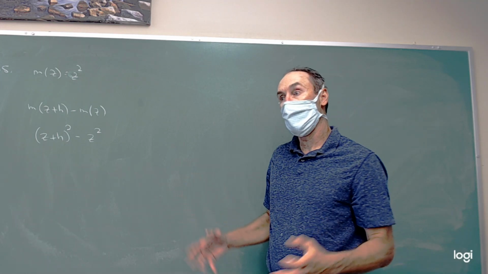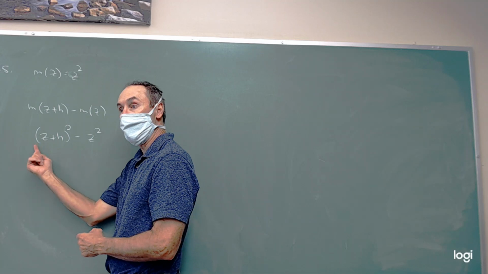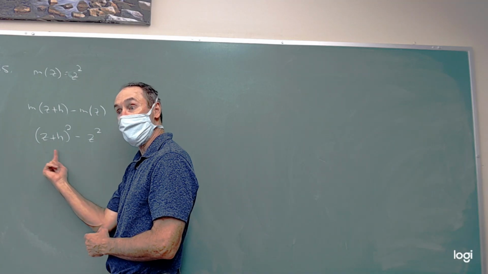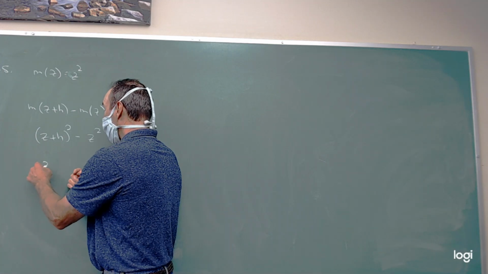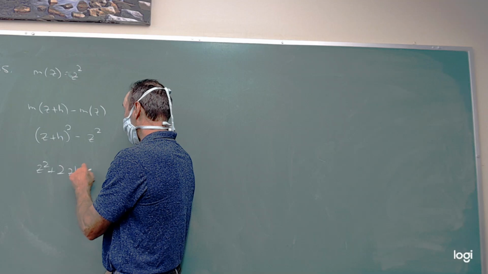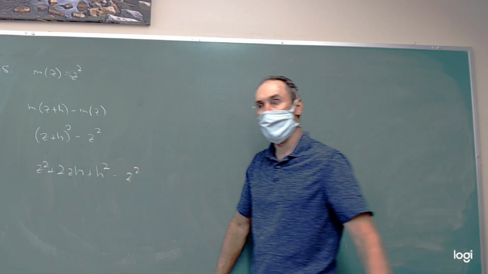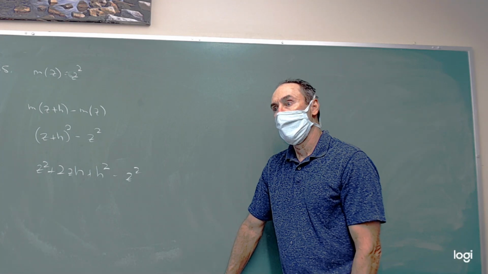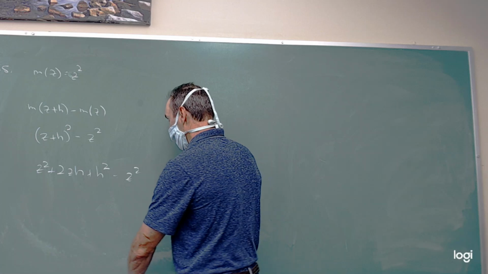Now we're going to multiply this out. You remember our shortcut for this? I'm going to go OSU. First one squared, twice the product, plus second one squared. You okay with that? So the first one squared, twice the product, and then plus the second one squared, and then we still have that minus z squared. So everything that doesn't have an h in it should cancel, and it does.